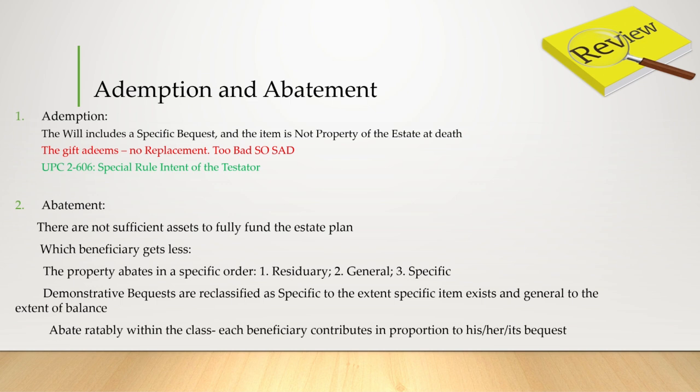Then in the general bequests category, they abate ratably until there are no general bequests. And then specific, again, they will abate ratably. Remember, a demonstrative bequest is a general bequest to be funded with a specific asset. It is recharacterized between specific and general for purposes of applying the rules of abatement.